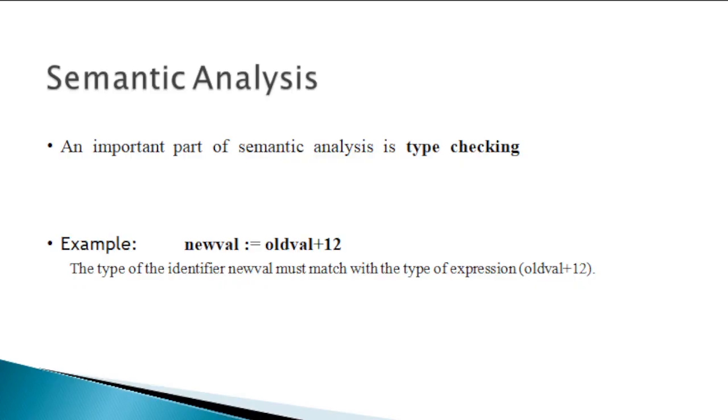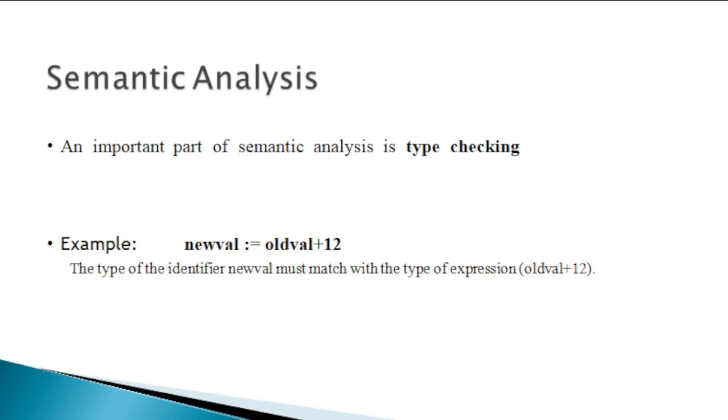Third phase is semantic analysis. In semantic analysis, input is a syntax tree. Output is a semantically verified syntax tree. In semantic analysis, it checks whether it is semantically correct or not. It includes type checking, data type conversions and so on. In this example, new value equal to old value plus 12, it checks data types.